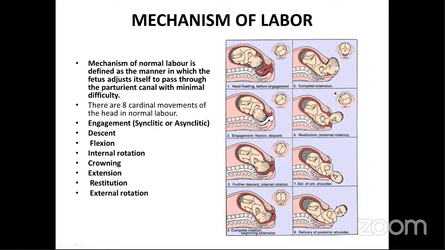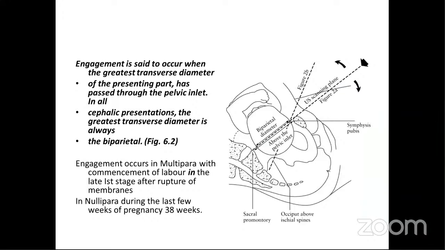Okay. Since the mechanism of labor is clear to all of you, we'll move ahead. Now, as we discussed the different steps in the mechanism of labor, it's important to understand one very important step, that is the first step, engagement. Engagement is said to occur when the greatest transverse diameter of the presenting part, that is the biparietal diameter in case of vertex presentations, passes through the pelvic inlet, in all the cephalic presentations.